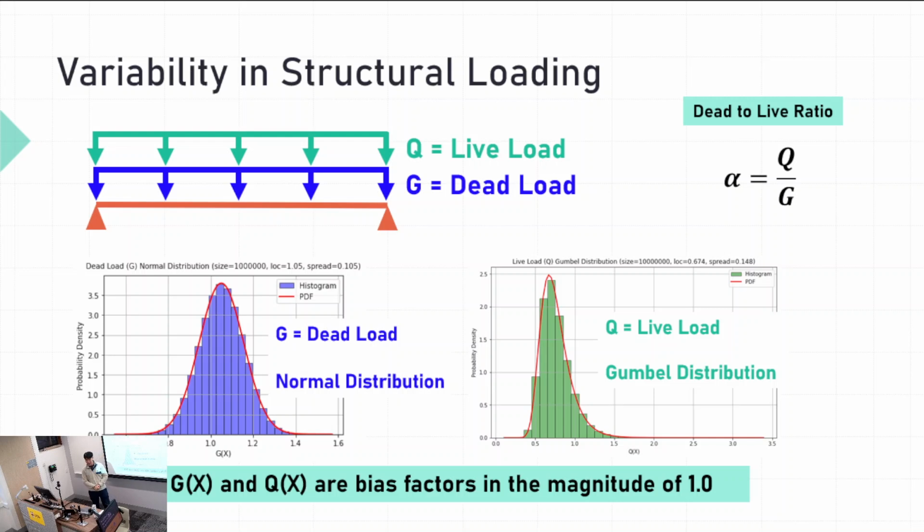Our dead load we map to a normally distributed curve like this. It's relatively consistent. And our live loads, we model with a Gumbel distribution, which is an extreme value distribution. Every now and then you're going to generate a very high value for the live loading, which can cause an unexpected failure, like a really fat person.